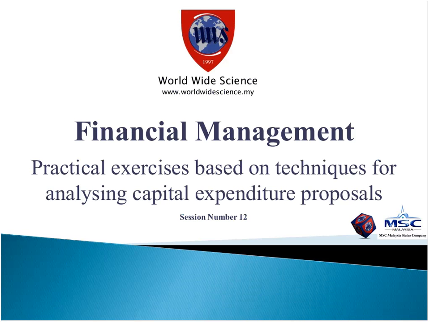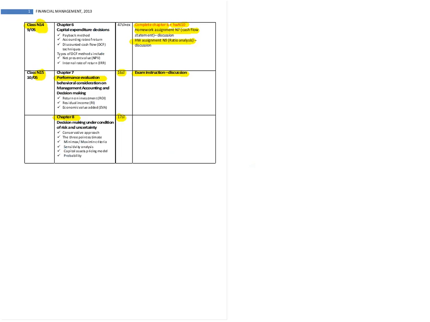We have completed our chapter number 6, which is based on capital expense decisions, right? And tomorrow we have 2 new topics left, chapter number 7 and 8, based on financial management.